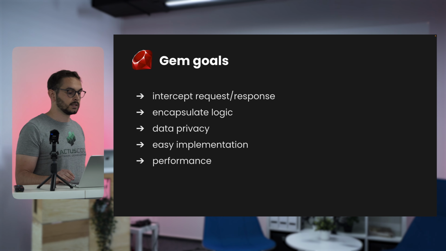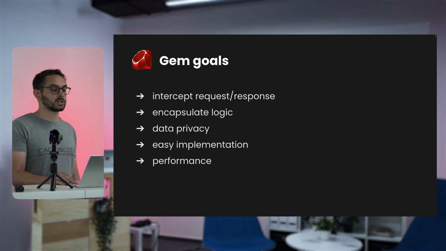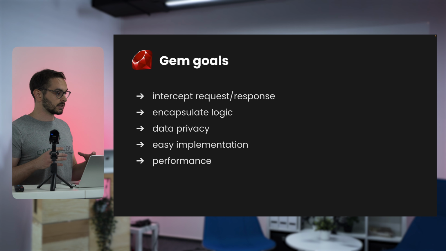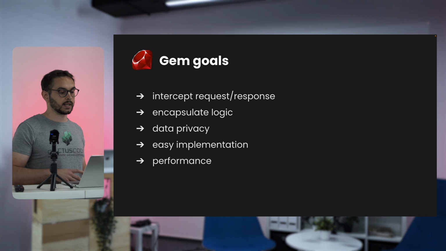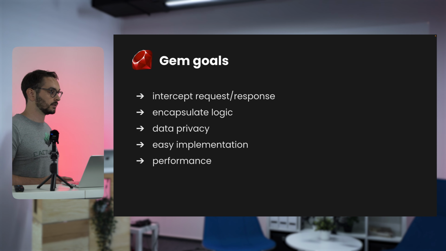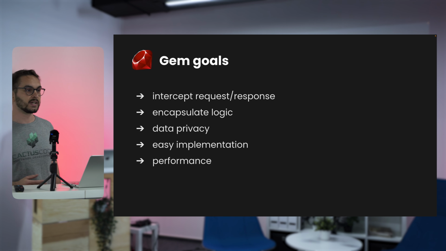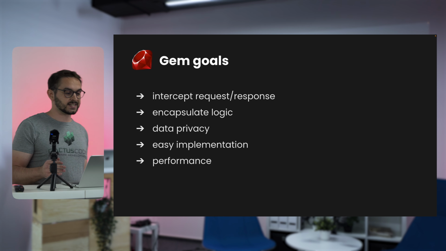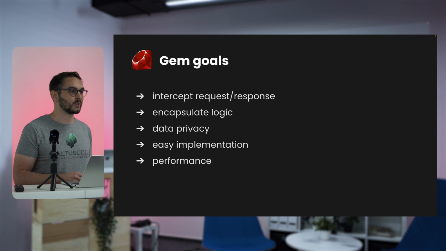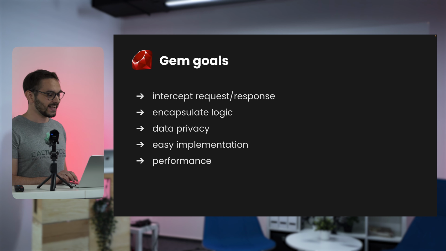Simple as that. But also we want to do this in a way to make this logic in the right place, encapsulate it, and meet data privacy, which means masking all the sensitive attributes that you don't want Vedran to see.